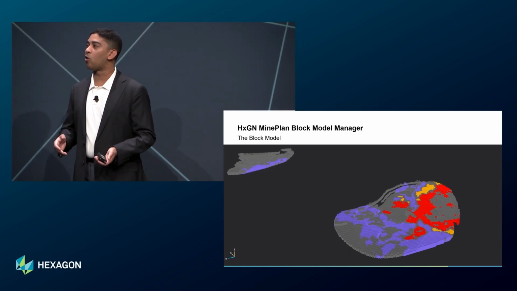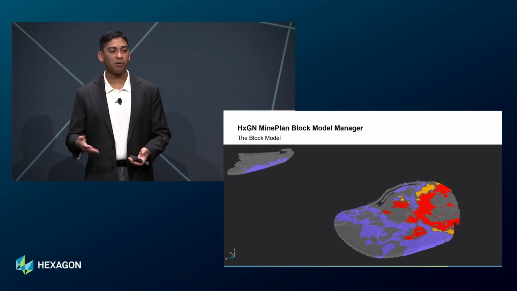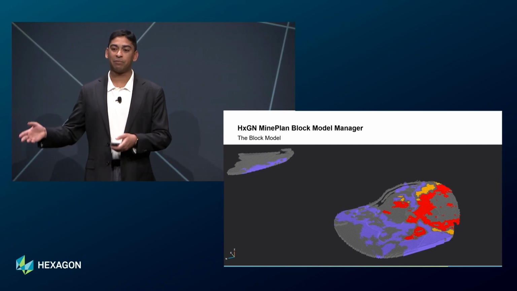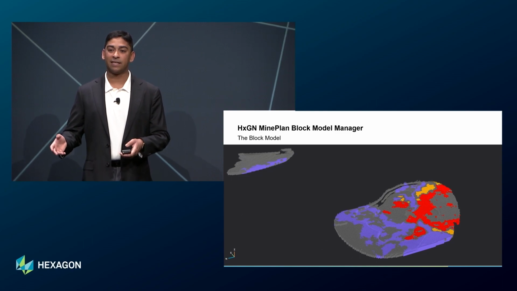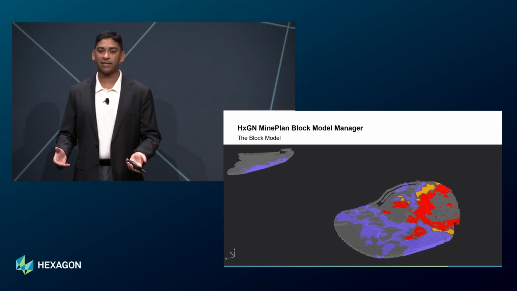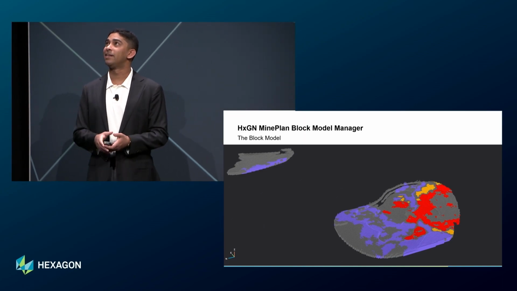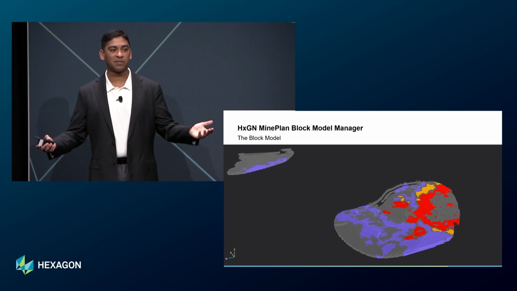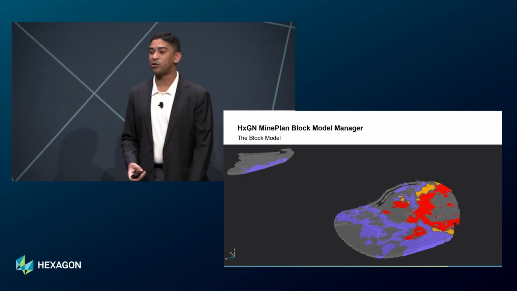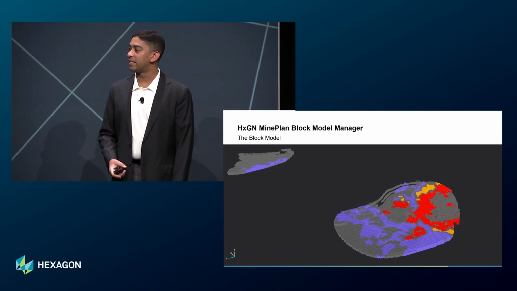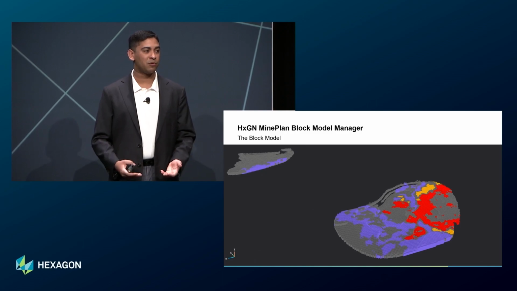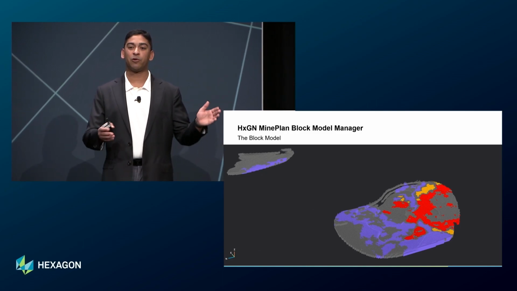So our key goal is to spin over models as quickly as we can so that we can get it out to our fleet management systems and our diggers, and we can determine the destination of that block. A typical block size at grade control is probably the size of this room. It's a large area, but we want to make sure that we have as up-to-date, as accurate information as possible so that we can send this room to the appropriate destination.